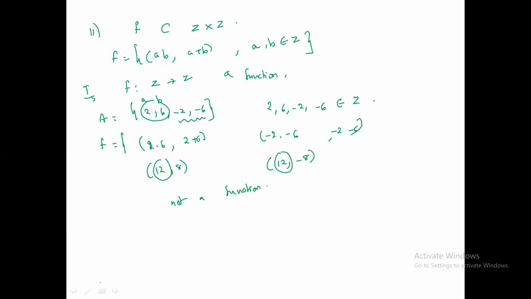Let's go to question number 12. A is the set having 9, 10, 11, 12, 13. F is the function from A to N. F of n is the highest prime factor of n.